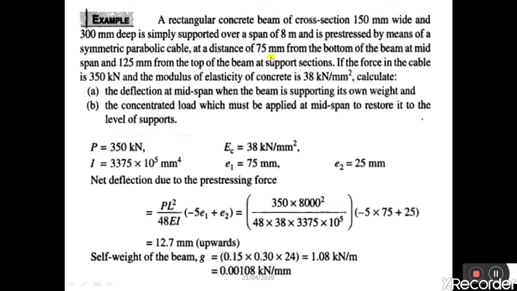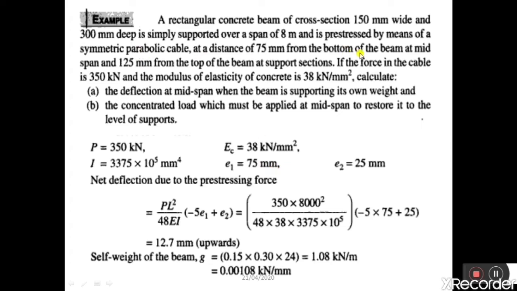That means the eccentricity will be 75 mm, that is E1 is equal to 75 mm. So we have taken eccentricity at midspan as E1 and eccentricity at the supports as E2 in the derivation of the formula. So E1 is 75: 150 is Y2, so 150 minus 75 mm from the bottom, the remaining height will be 75 mm, that is E1.